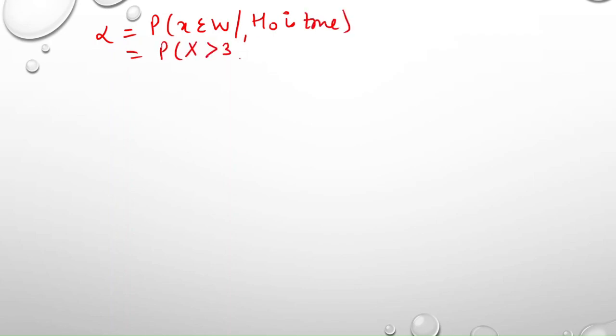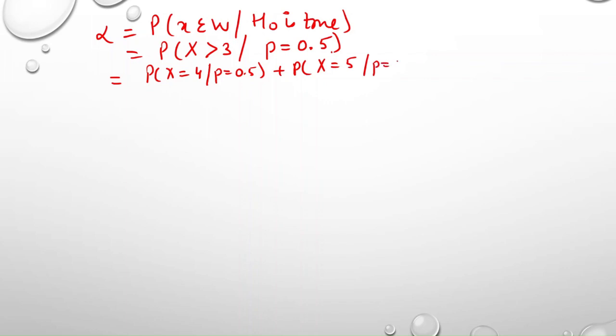Alpha error would be X belonging to W when H0 is true. So that means P of X greater than 3 when our P is given as 0.5. So the probability would be P of X equal to 4 when P is 0.5, plus P of X equal to 5 when P is 0.5.